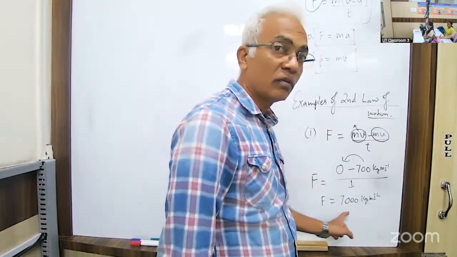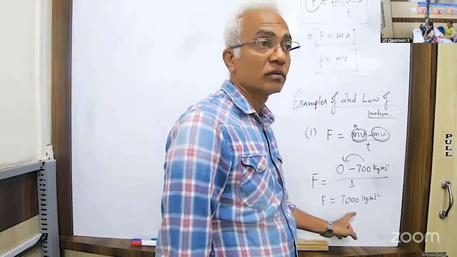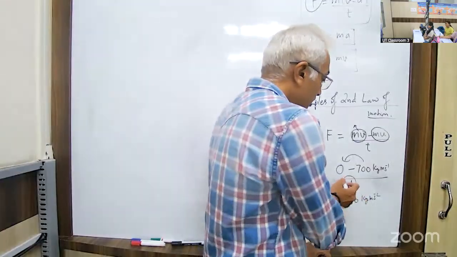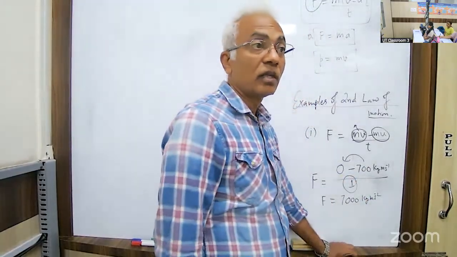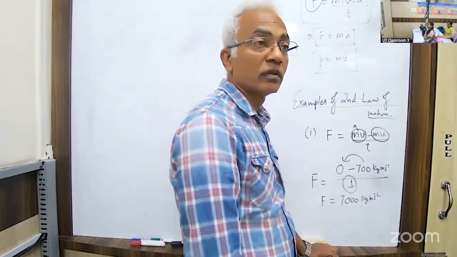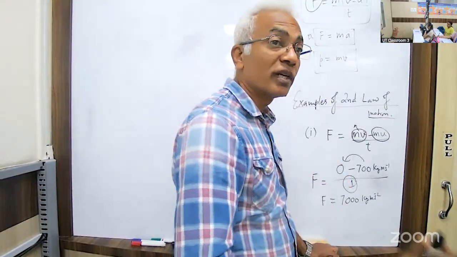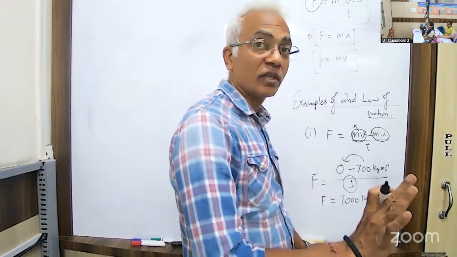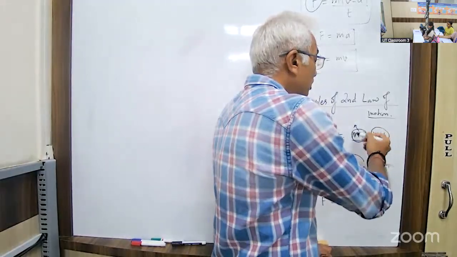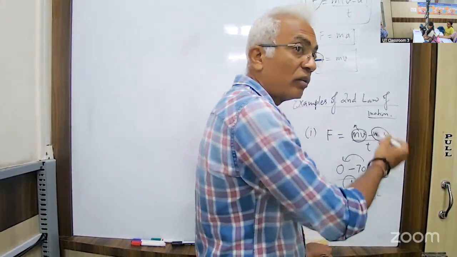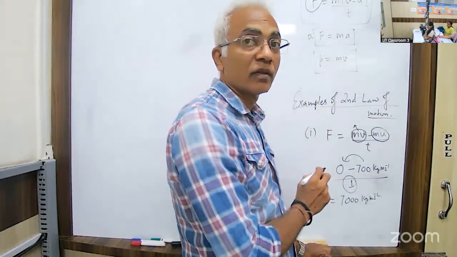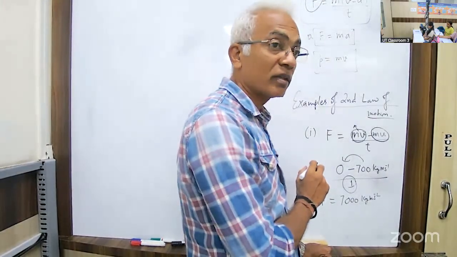So suddenly how much is it reduced? 10 times. So impact will be much lesser when I increase the time, which means the rate of change of momentum is reduced now. Momentum is changing at a slower rate. So impact is not only governed by the change of momentum, but how fast or how slow the momentum is changing. That is what governs impact.